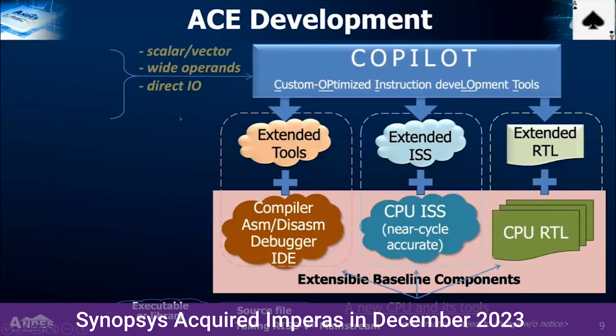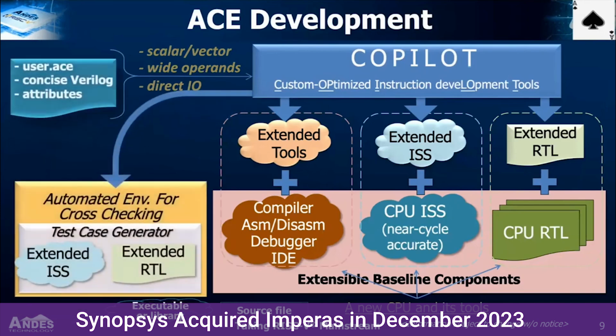We have a tool called Copilot that can automate all this process. On the left, we have standard RISC-V, in the middle custom instructions simulating, and then the RTL. By having these three steps, the benefit is we get an automatic cross-checking environment for custom instructions. Did it give me acceleration over the previous unaccelerated code?